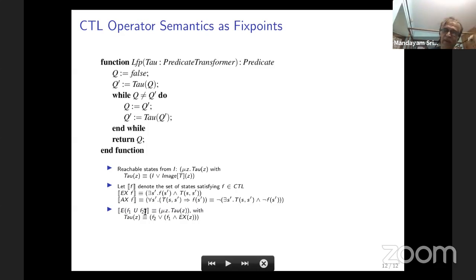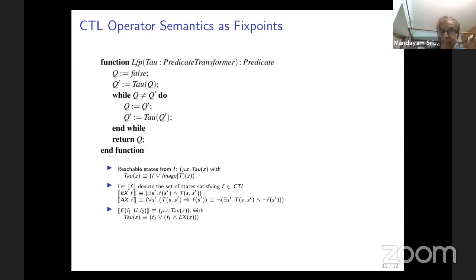You start first with states in which F2 is true. That's how you did it in the labeling algorithm as well. And then you were labeling those states from which there was a path leading to something that you already had. In the beginning it is F2, and then you take the union.